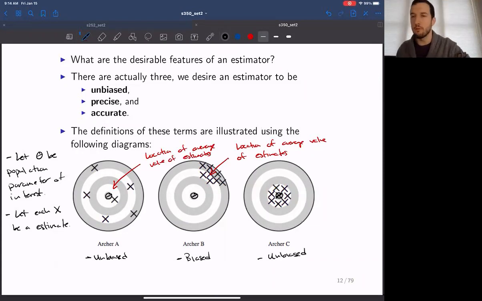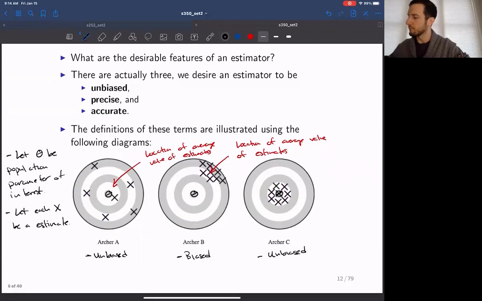For the same reason as with Archer A, you can see that if you were to average across all of the different marks on the sample, this value would be roughly at the bullseye, or actually in this case probably exactly at the bullseye, which would be the true value. So the idea of being unbiased means that the average of all possible estimates would be equal to the population parameter. And we'll define this more strictly in terms of our expected value notation momentarily, though I assume that most of you have probably seen this definition before.